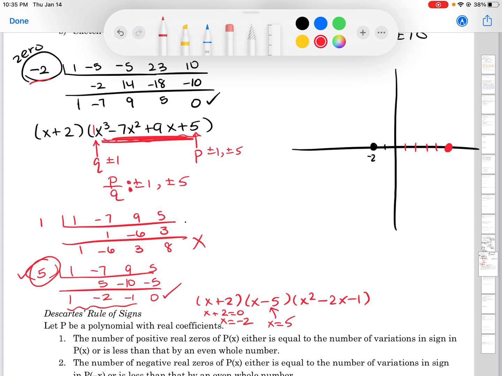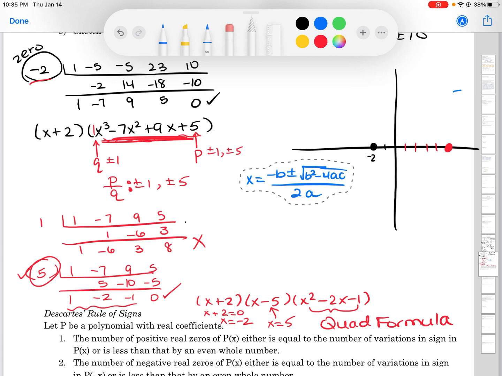This one, I can get the solutions from something from Algebra 1. I can use the quadratic formula. Think way back. x equals negative b plus or minus the square root of b squared minus 4ac all over 2a. So we can use this to help us find the roots here.